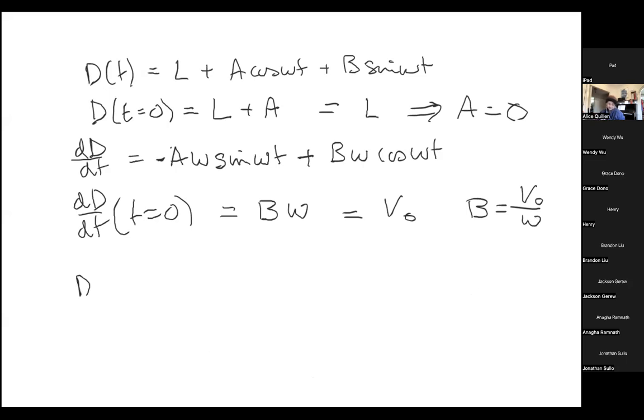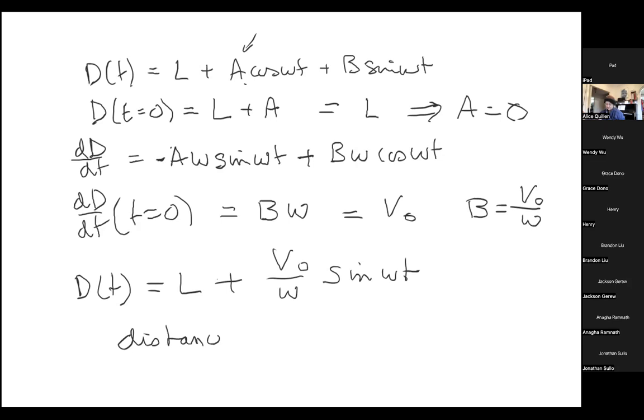Now we can plug in for the distance between the two masses at all later times. A is 0, we just found that, and B is V0 over omega, times sine omega t. And so that's the solution: the distance between masses at all later times.